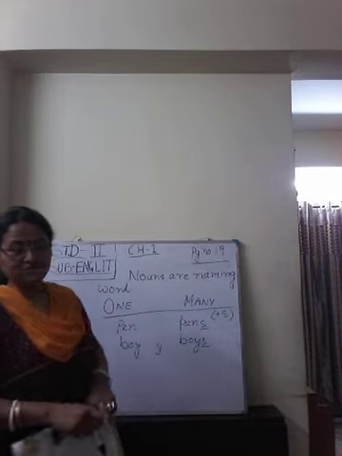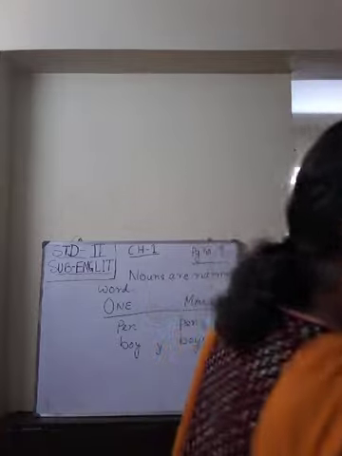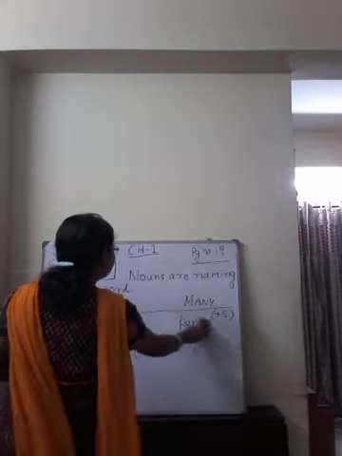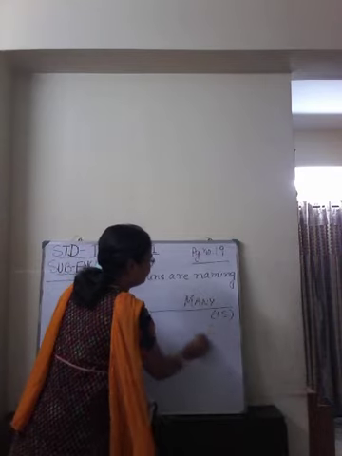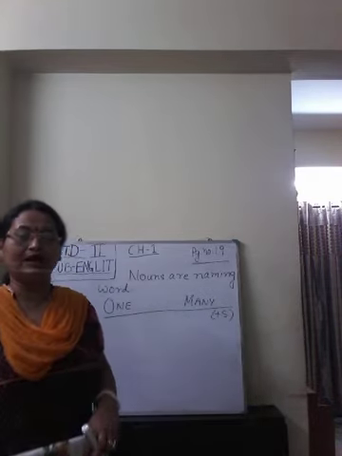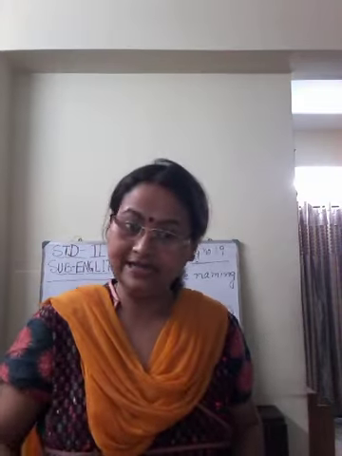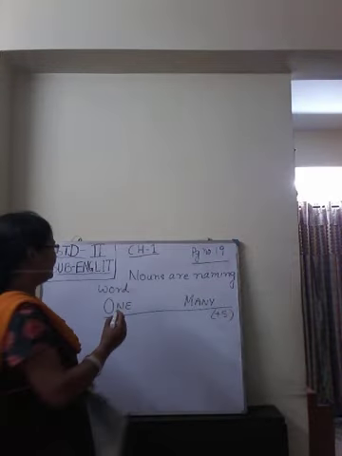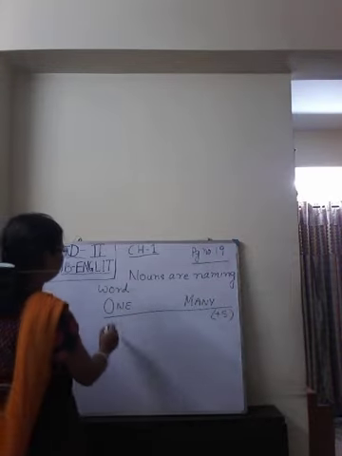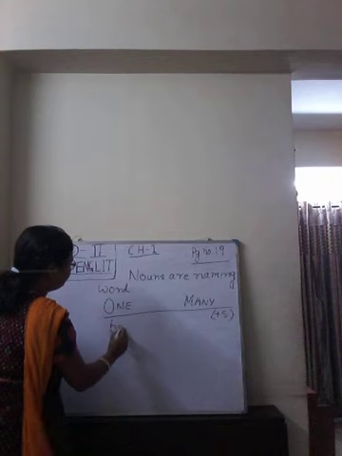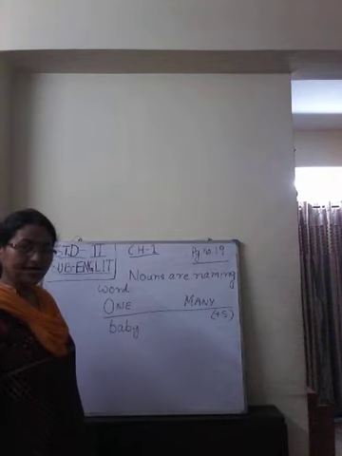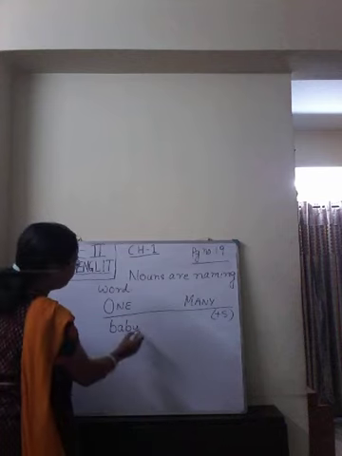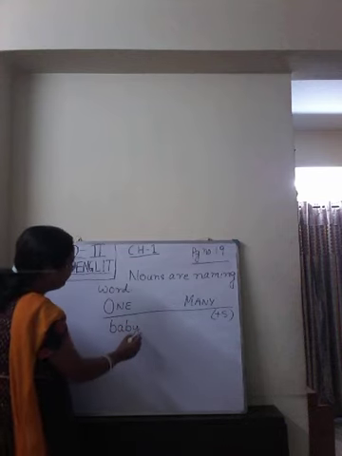Okay, so let us see the rule for changing a noun from singular to plural, or from one to many, that ends with Y. Suppose I say baby, B-A-B-Y. Here we have one baby.